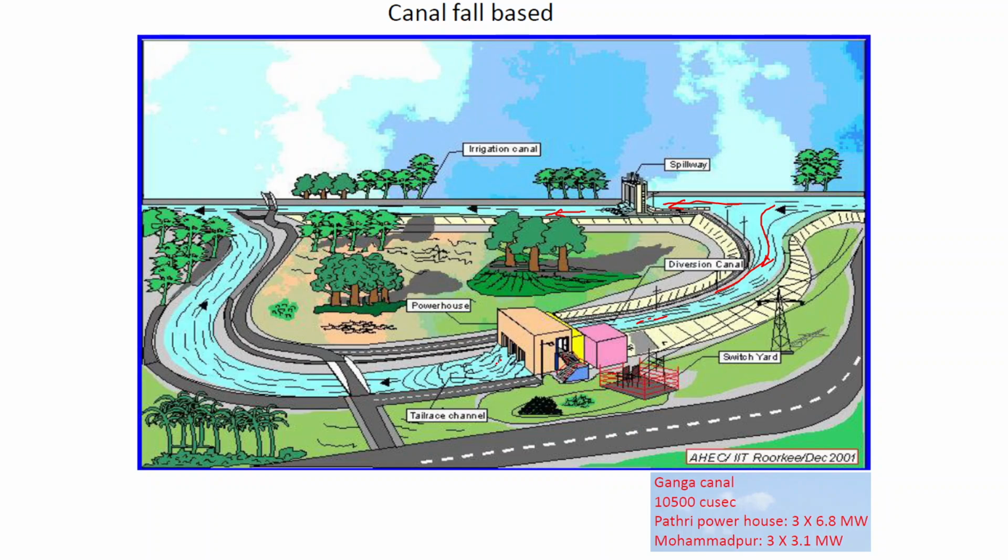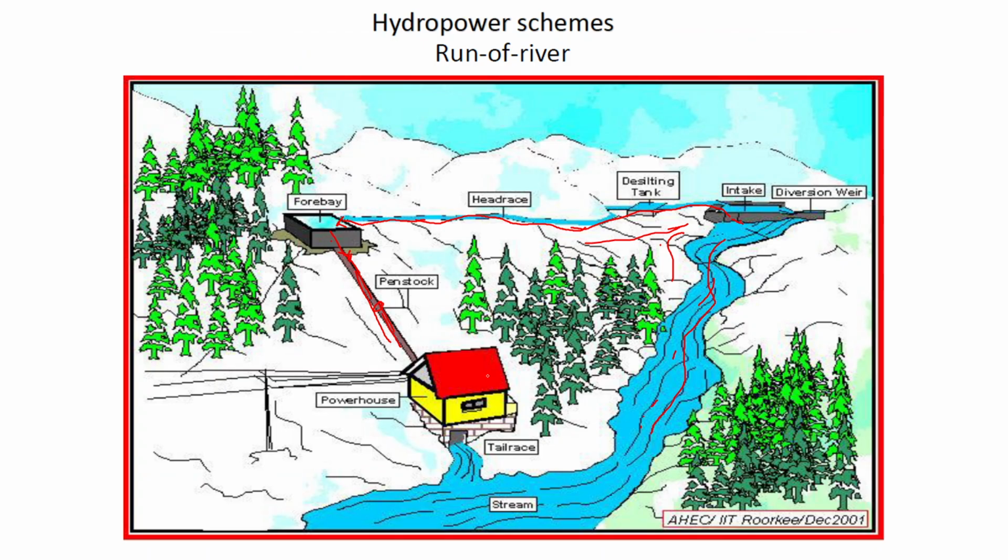After the conversion, the tail race is the water devoid of the kinetic energy. Here also, after all the conversions, the tail race is given out to the main river.